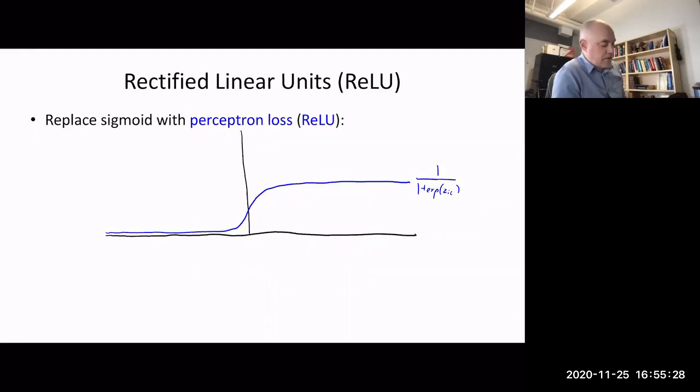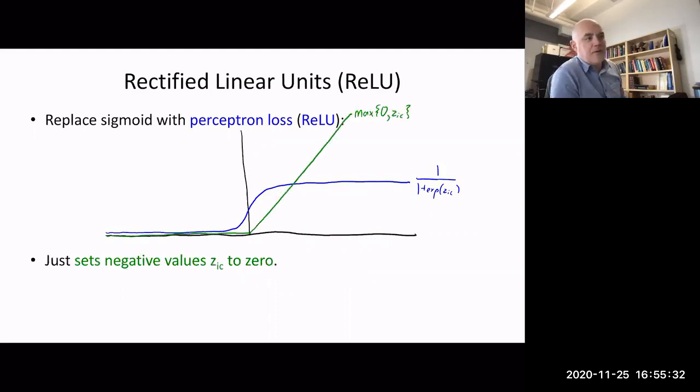So what you do is you replace the sigmoid with ReLU, and this really is the other major ingredient that led to the deep learning explosion, that and residual connections, because there's gradient signal everywhere over here in the positive orthant. The ReLU is just what you see here.